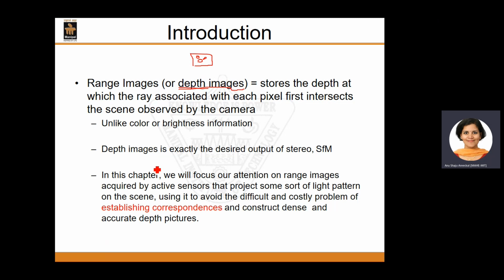Depth images are exactly the desired output of stereo reconstruction, or SFM, or all 3D reconstructions. Because in 3D reconstruction also, you're trying to reconstruct the 3D points of the scene. Similarly, in depth images it is trying to find out the relative positions of the 3D points in the image.